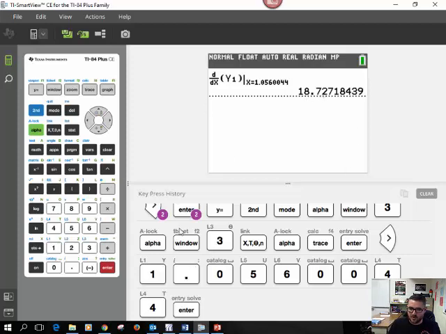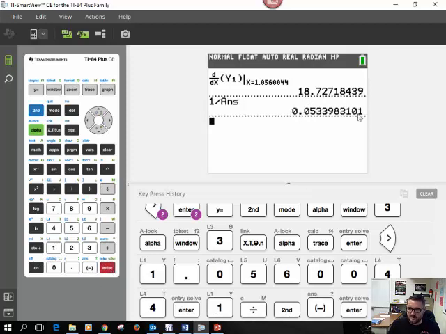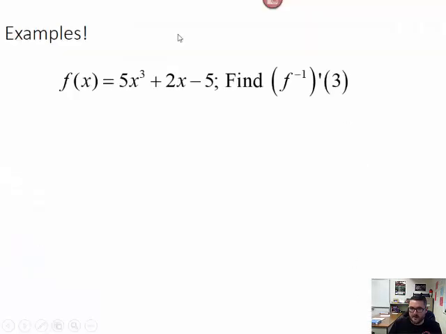So it's the reciprocal of this. So 1 divided by that answer we just found. This is our answer. So we would say 0.053. That's the answer, 0.053. So hopefully that helps us a little bit with how to do it.